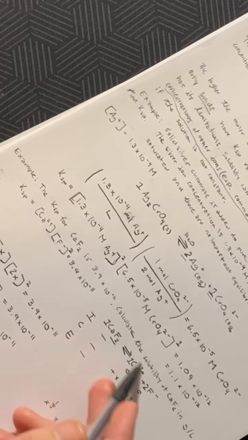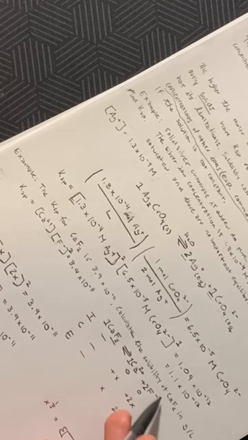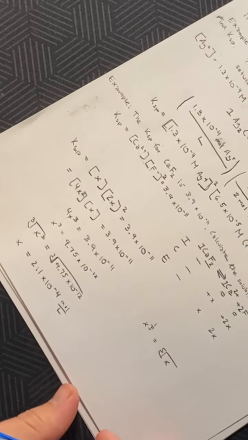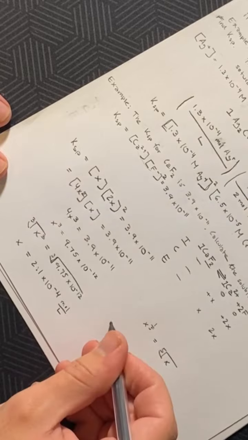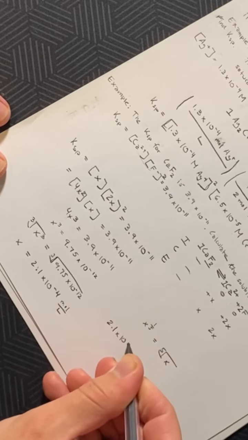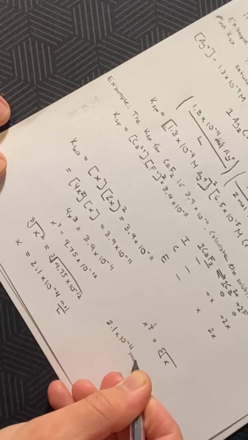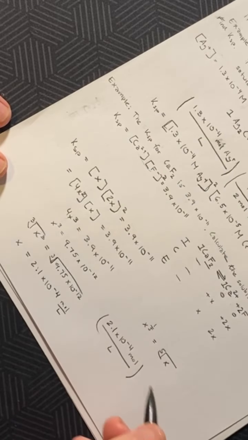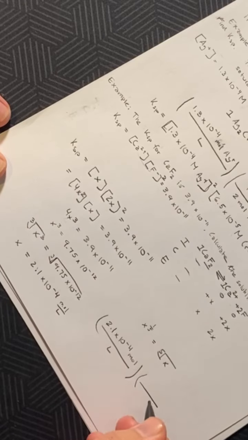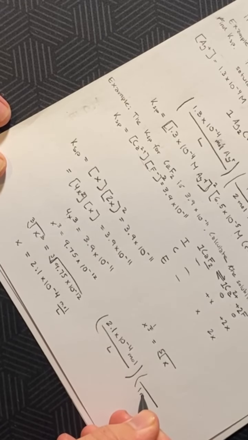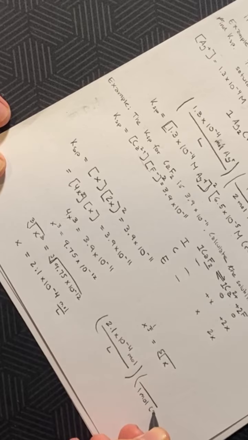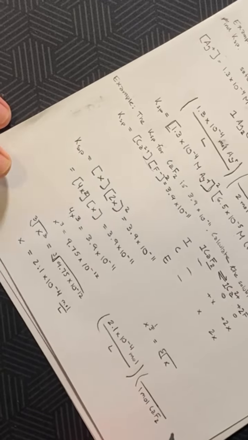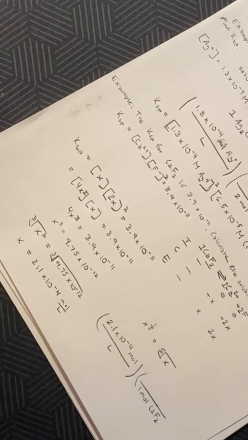So the original question is saying to calculate the solubility of calcium fluoride in grams per liter. So now we just need to convert this, and this is going to be relatively easy. We have 2.1 times 10 to the negative 4 moles per liter. And now we just need to convert this into grams of calcium fluoride. So taking a look at the mass, I don't have my periodic table out.